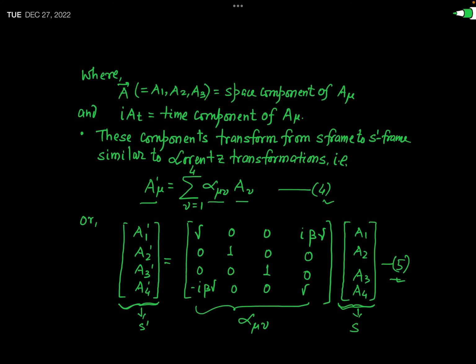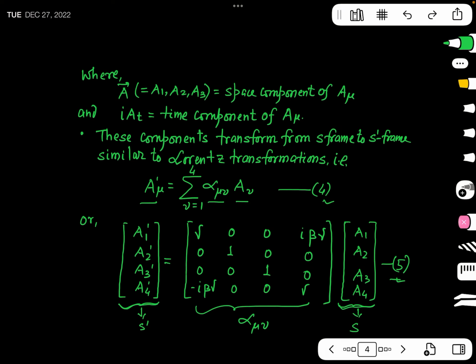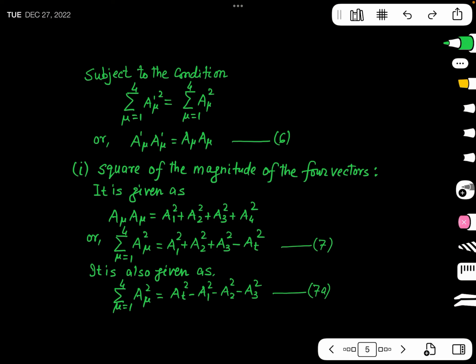Okay. So now let us try to find these components a1 prime, a2 prime, a3 prime and a4 prime. See this matrix or this equation 4, using any equation you can find it.